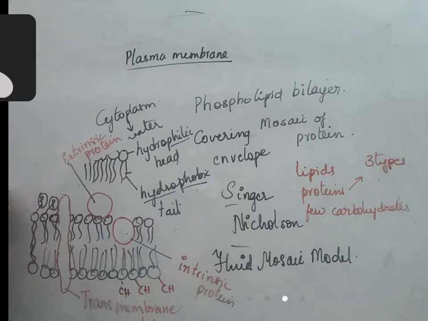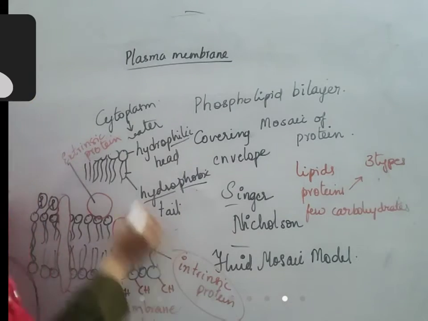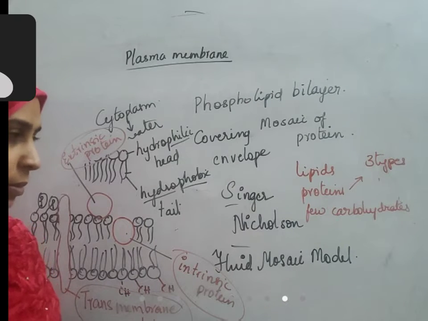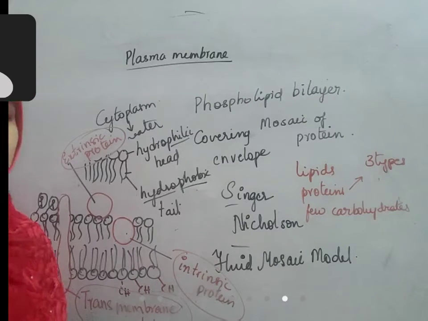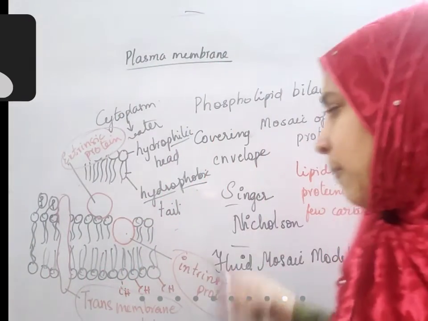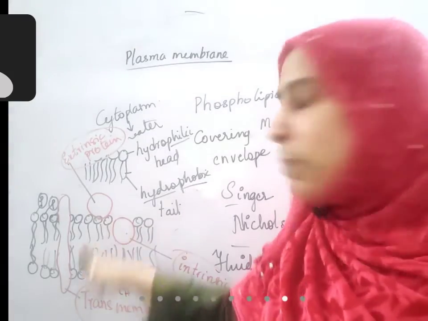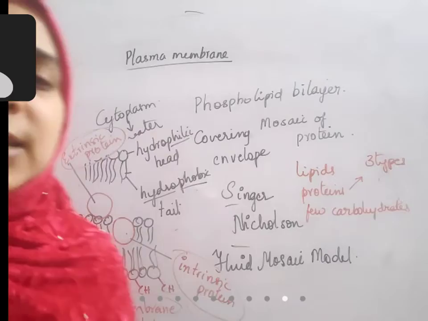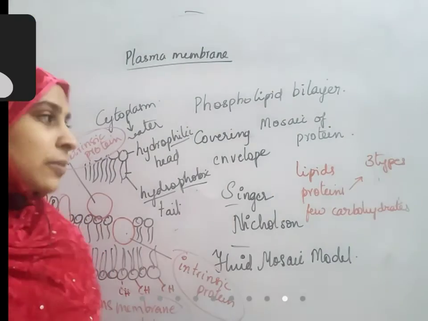So there are three types of proteins: intrinsic, extrinsic, and transmembrane proteins. One important thing I'm telling you, these proteins are not for energy generation or for some repair purpose. They act as mediators. They act as receptors.